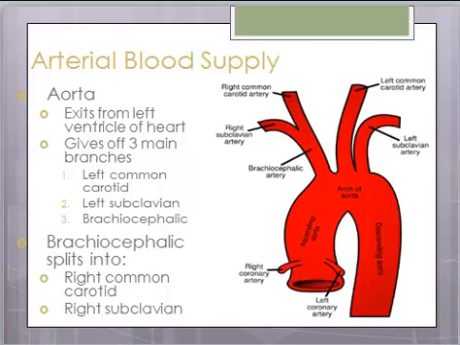Now, our arterial blood supply. The aorta exits from the left ventricle of the heart. It's returned nice and oxygenated from the lungs through the pulmonary vein. Pulmonary vein is the only vein in our body that carries oxygenated blood, and the pulmonary artery is the only artery in our body that carries deoxygenated blood.